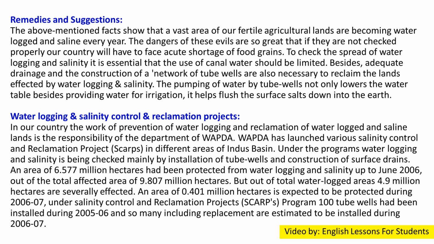An area of 0.401 million hectares is expected to be protected during 2006 to 2007 under salinity control and reclamation projects. Under the program, 100 tube wells had been installed during 2005 to 2006, and so many including replacement are estimated to be installed during 2006 to 2007.